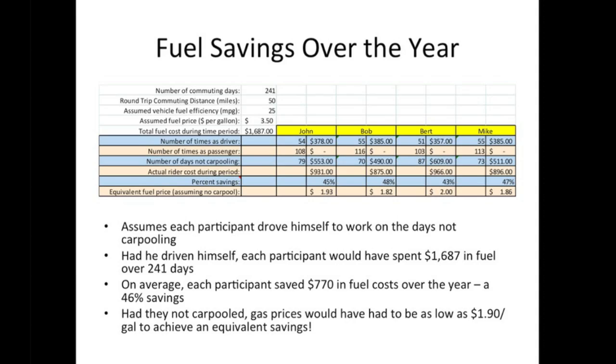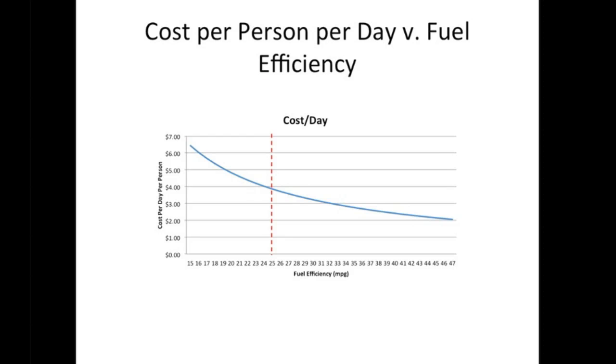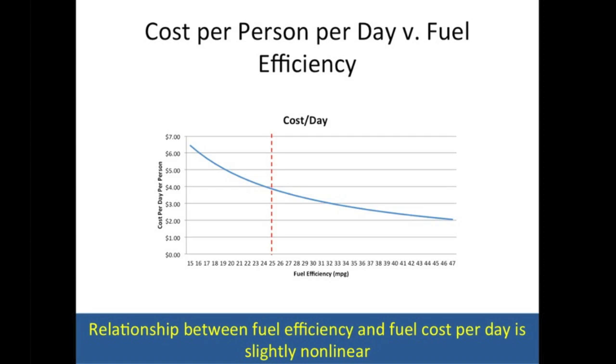And that 45%, that's the difference between paying $7 a day per person for fuel costs versus about $3.86. And you can clearly see that on this slide because here is the relationship between cost per person per day and the fuel efficiency of the vehicle. And that red line shows that at 25 miles per gallon, there's your $3.86.